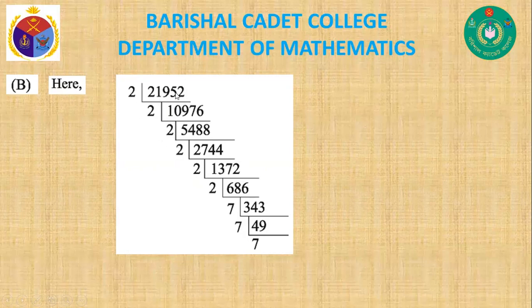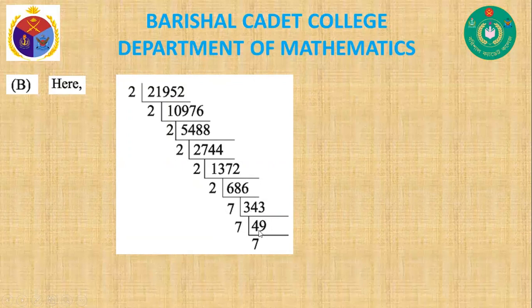So you know it. First of all, I have divided this number by 2. We get this result. Again, I divide this number by 2. We get the result 5488. Again, we divide by 2. We get the result 2744. Again, we divide it by 2. We get the result 1372. Again, by 2, I have got the result 686. Again, by 7, I have got the result 343.